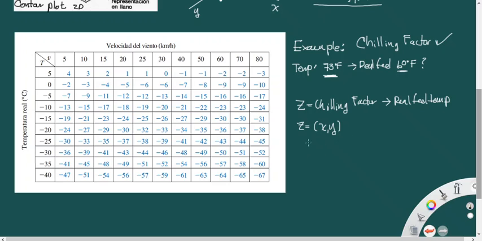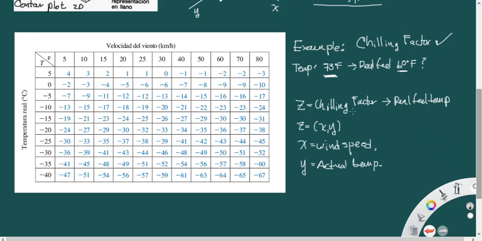Let's say that x is the wind speed, and y is the actual temperature.